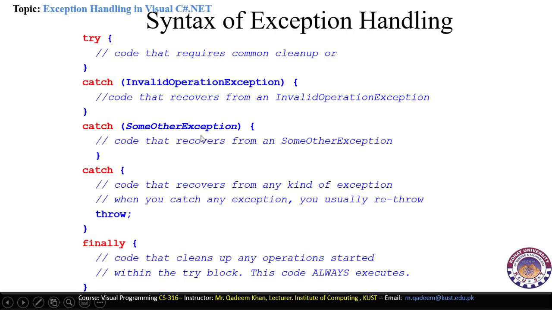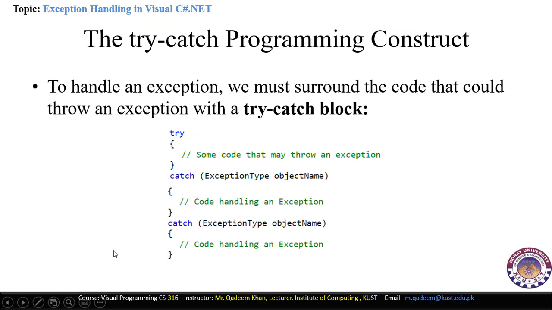If we do not provide this statement here, that is also possible. The throw statement means that the exception will be rethrown here, and the finally statement is used to deallocate resources. For example, this will clean up any operation that has been started within this try-catch statement, and the finally block will always be executed.